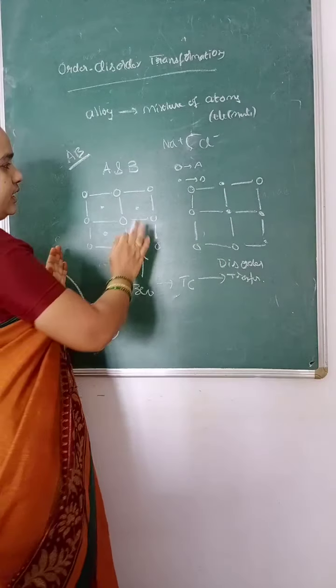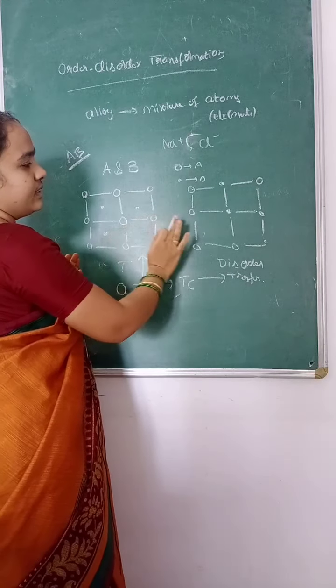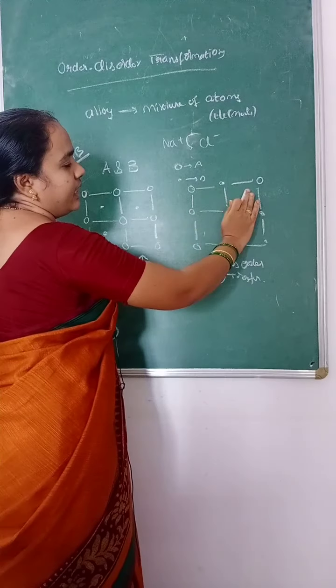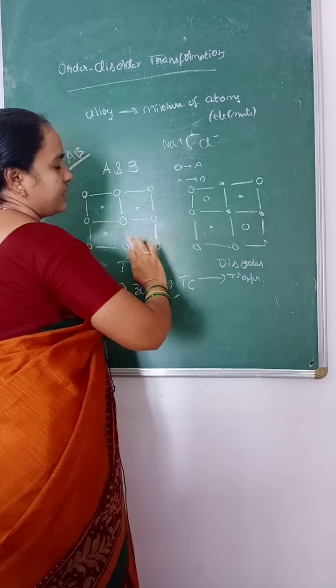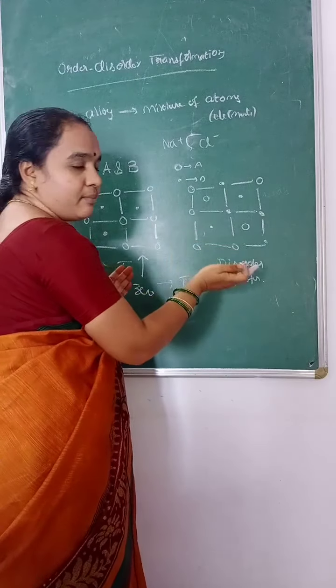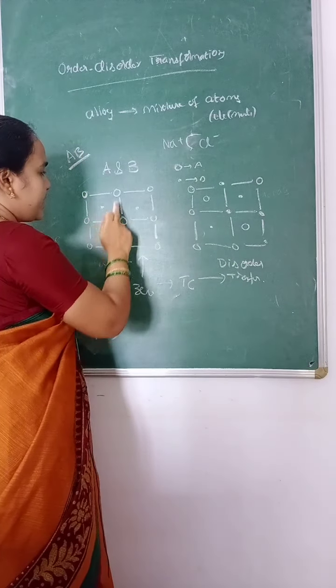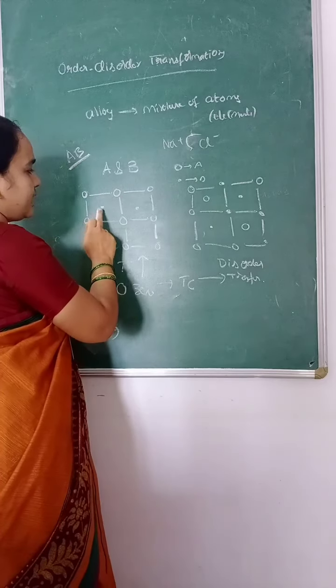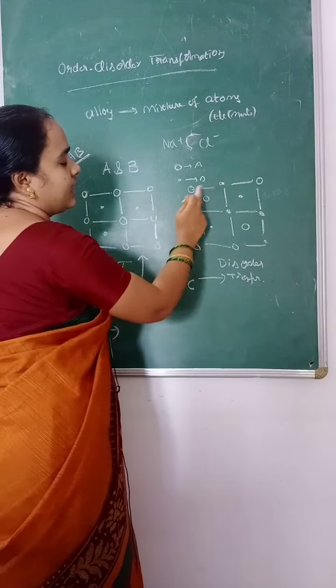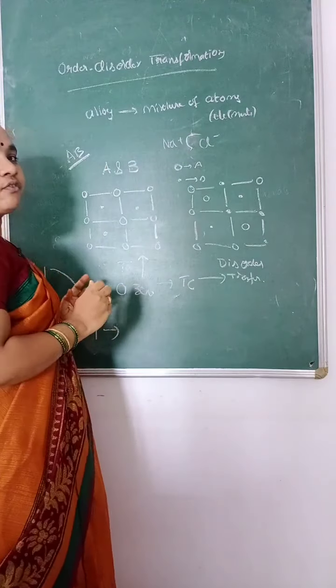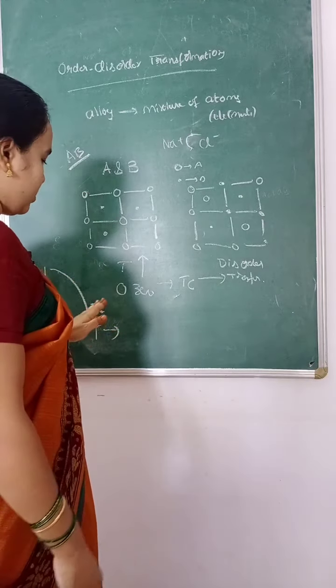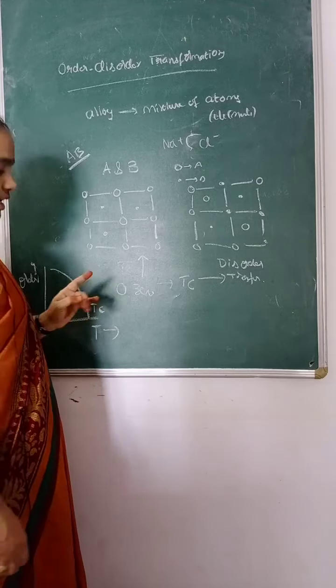Here all are regularly arranged, but here they are arranged in a different, disorderly manner. In this unit lattice we have all the A's and B's, but here they are different. This type of transformation from order to disorder is called an order disorder transformation.